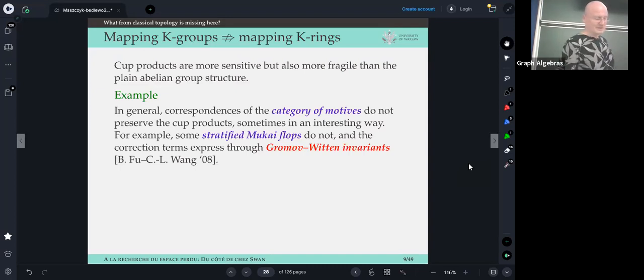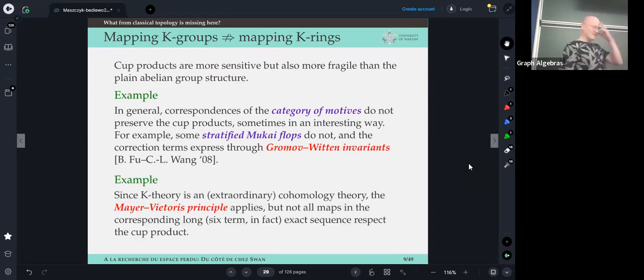Since this kind of invariant is very deep and very difficult, it means that the way in which these correspondences destroy this multiplicative structure is related to very deep things.